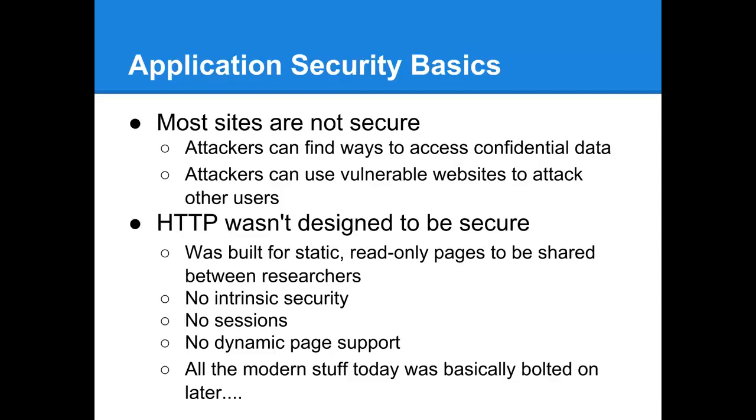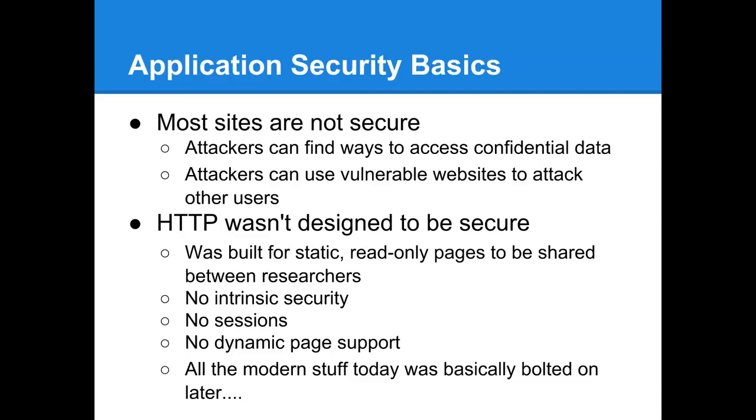Attackers can find multiple ways usually to access confidential data and gain unauthorized access to the website's internals, features, or systems. Attackers can use the vulnerable websites to, again, attack other users in a cross-site scripting attack or as a part of a larger campaign using a watering hole attack, which is common in APTs.